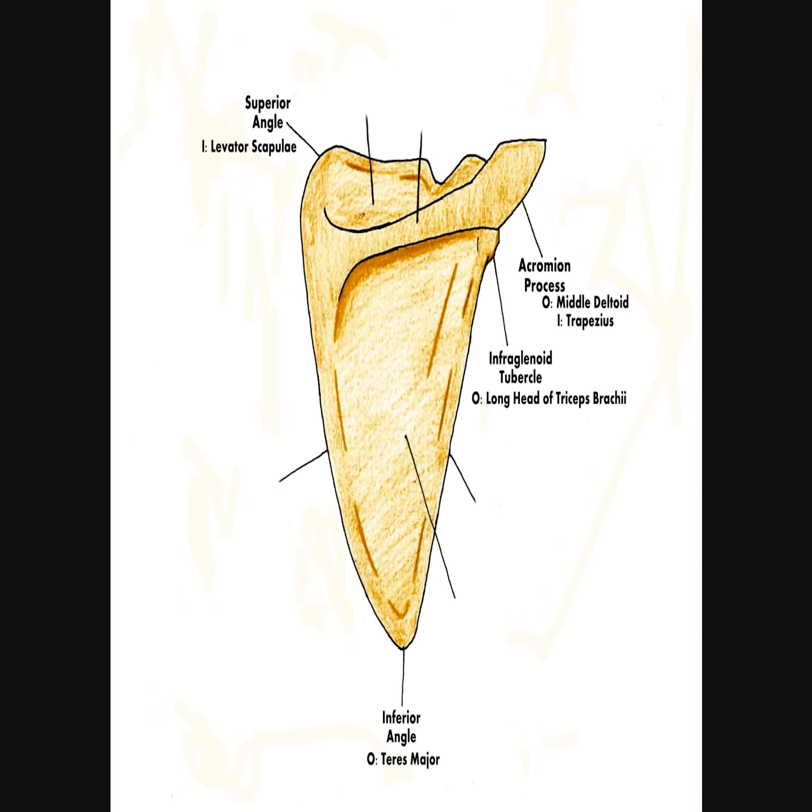Okay, so now we're going to talk about the borders before we move on to everything that we haven't covered already. Just below the infraglenoid tubercle is a border. It's going to be named after which side of the scapula it is on. Is it on the inside or the outside? The one just below the infraglenoid tubercle is the lateral border. It is on the outside of the scapula. Another name for the lateral border of the scapula is the axillary border of the scapula.